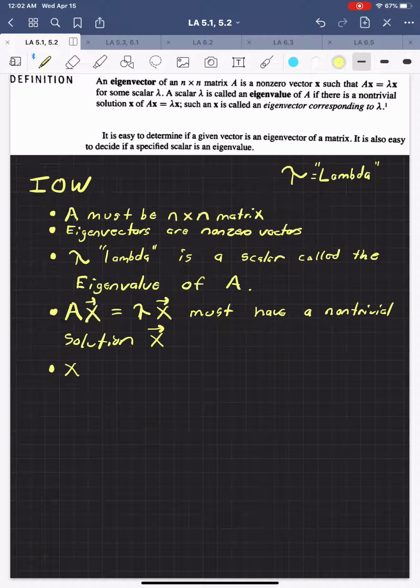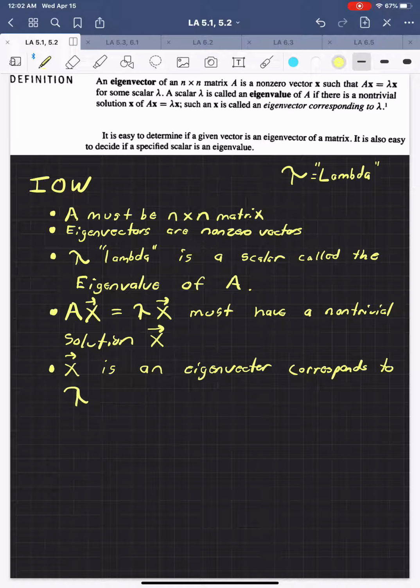So if the above is true, then that vector is an eigenvector that corresponds to the eigenvalue lambda.